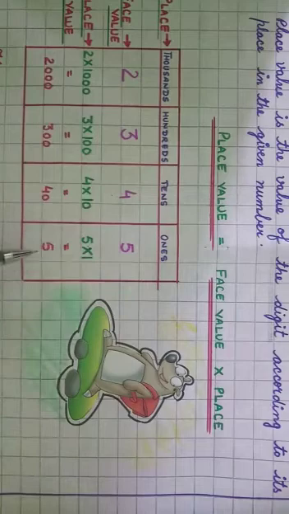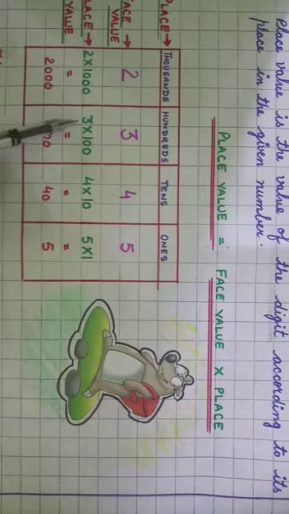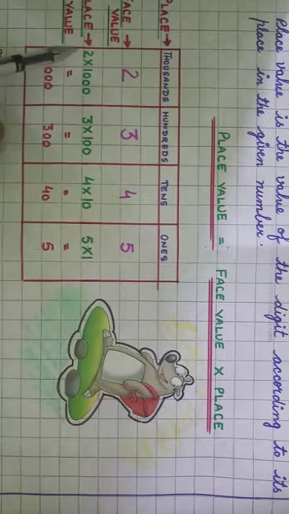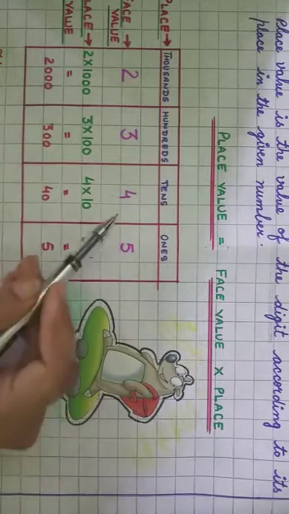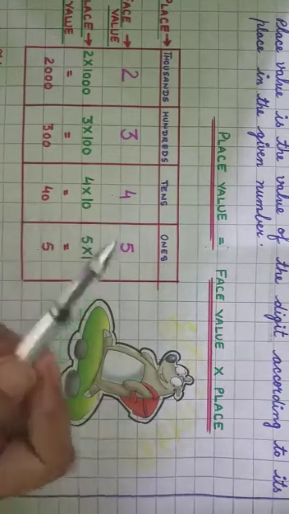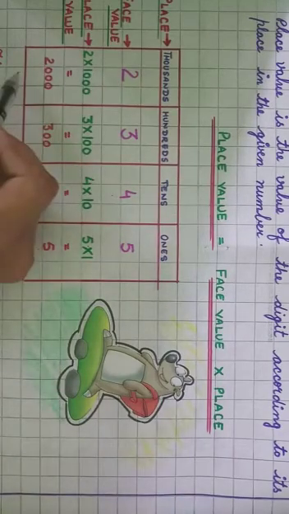Now 5 ones are 5, 4 tens are 40, 3 hundreds are 300, 2 thousands are 2000. So the place value of 5 is 5, 4 is 40, 3 is 300 and 2 is 2000.